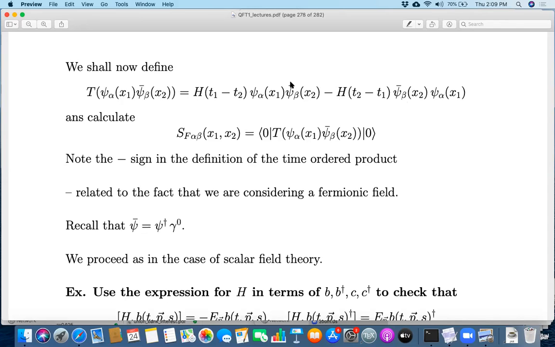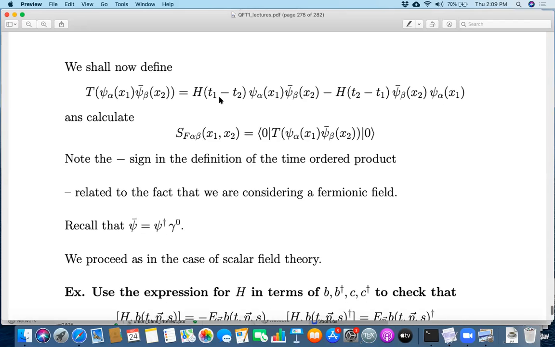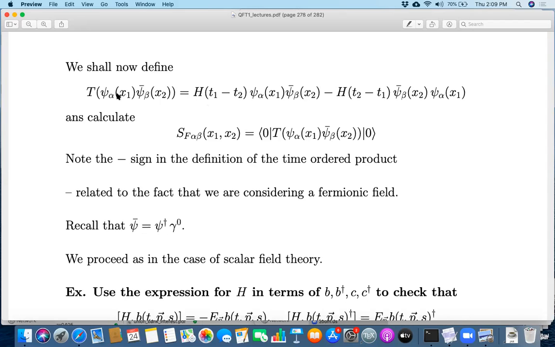Then you just write it as psi alpha of x1, psi bar beta of x2. When t2 is larger than t1, then psi bar beta has to go to the left, which is what has happened here, except that you also put a minus sign. That's the convention in which you define the time ordered product for fermionic operators. Is this definition clear?